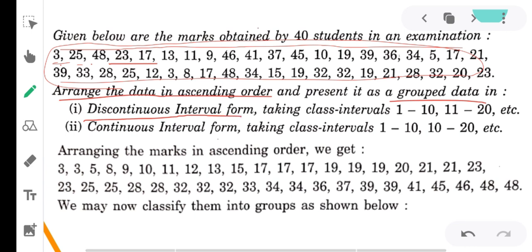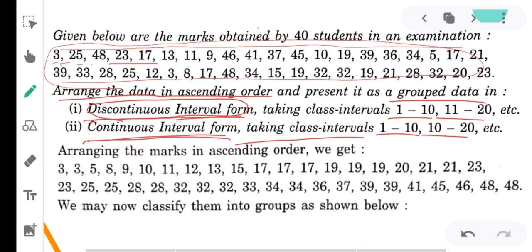Discontinuous interval form is another name for inclusive form, taking class intervals like 1 to 10, 11 to 20, etc. The second one is continuous interval form, which means exclusive form, taking class intervals 1 to 10, 10 to 20, etc.